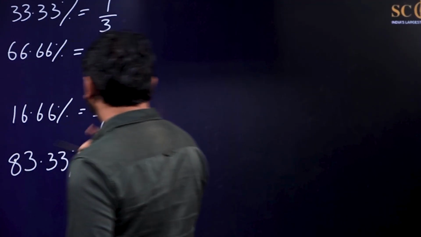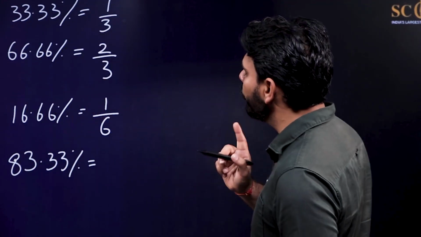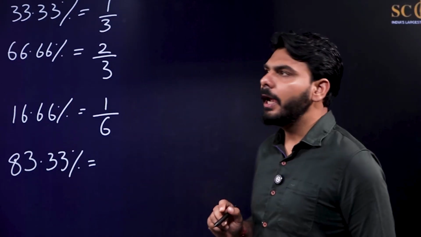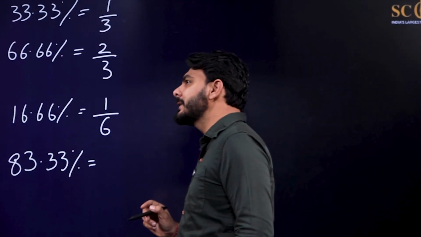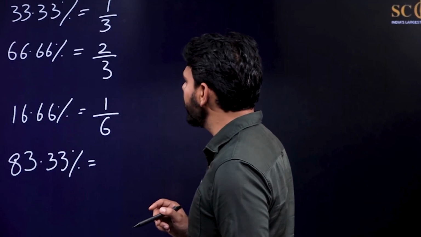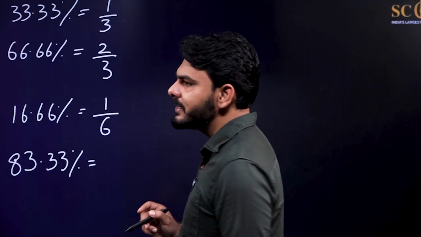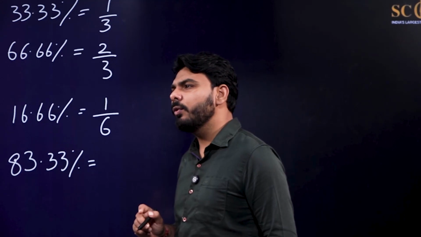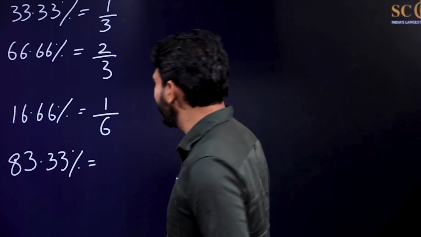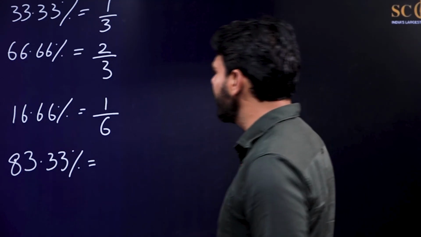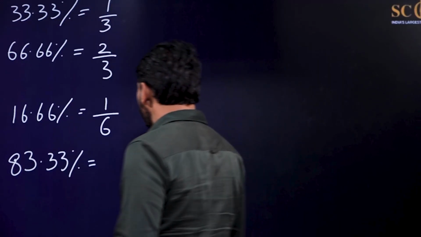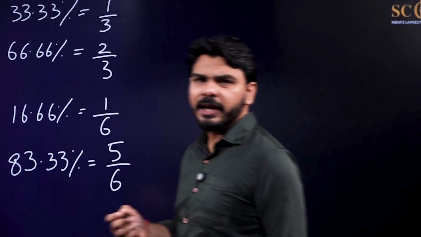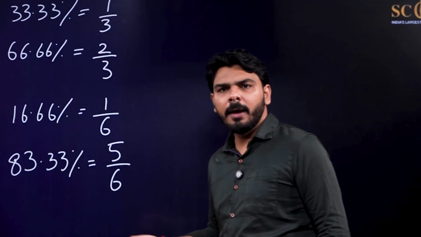If you do 100 minus 16, you will get 84. 84 minus 0.66, you will get 83.44. Okay, you can write 83.33 also; I think this is similar. So 83.33% is equal to 5 by 6. You can check it yourself. Maybe I am wrong here, but you can check it.